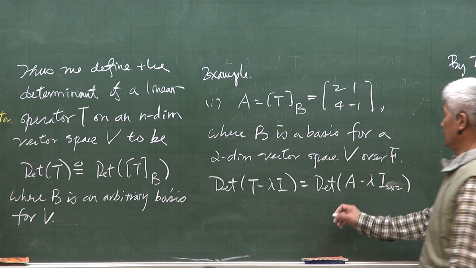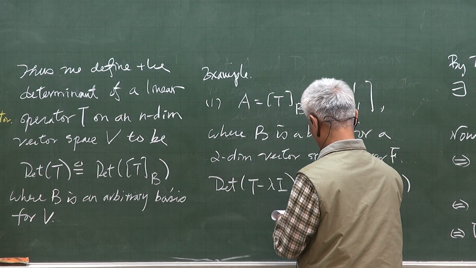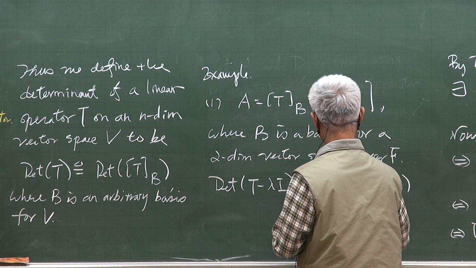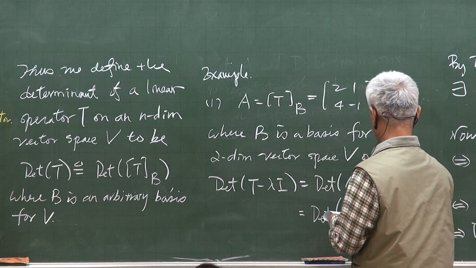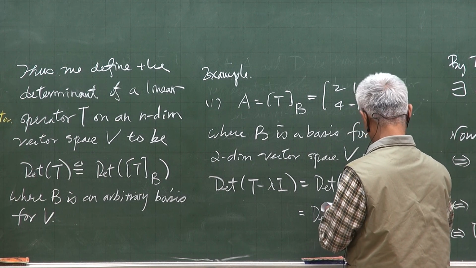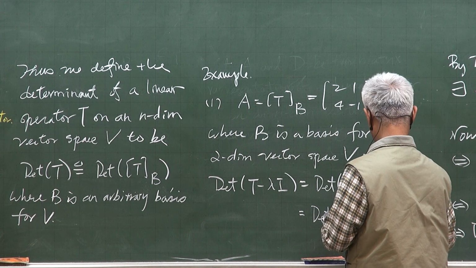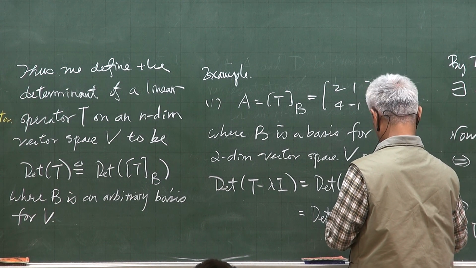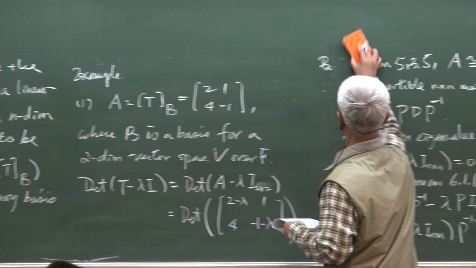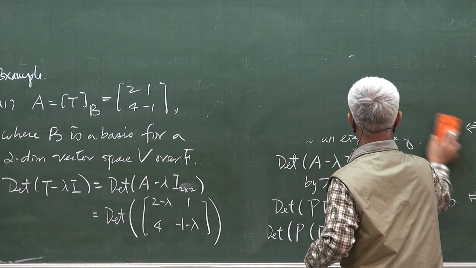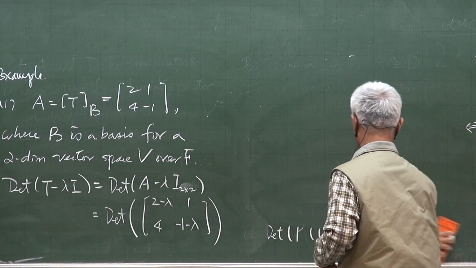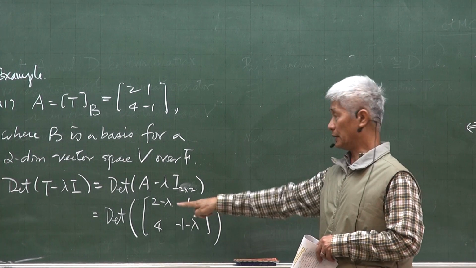The determinant is the determinant of the matrix with rows 2 minus lambda, 1 and 4, minus 1 minus lambda. And we know how to compute the determinant.